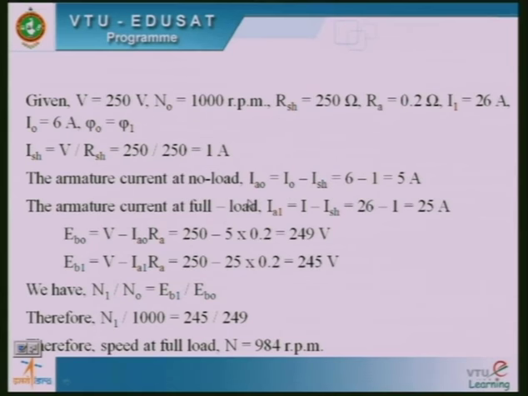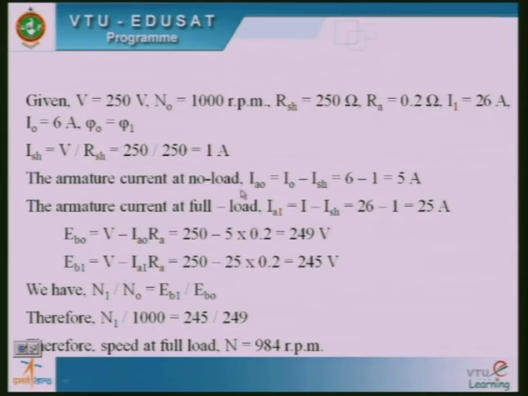The armature current is equal to line current minus the current flowing through the shunt field. So, calculate ISH first. It is the voltage across the shunt field winding divided by its resistance, V divided by RSH. This is 250 volt divided by 250 ohm, so you are getting 1 ampere.